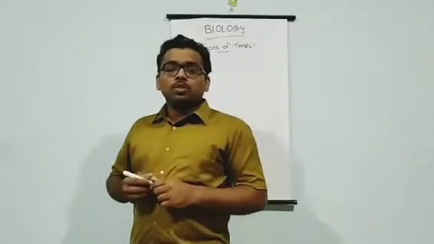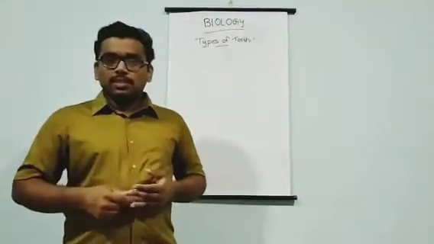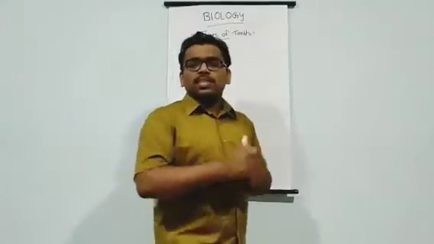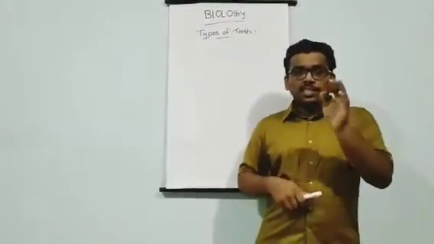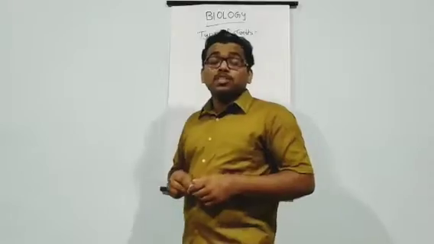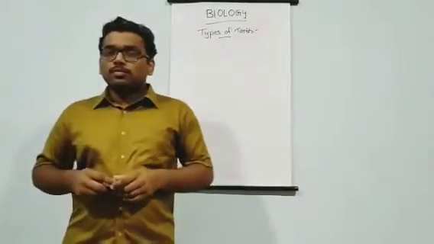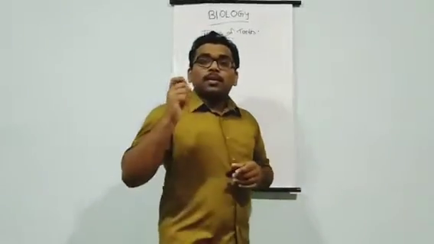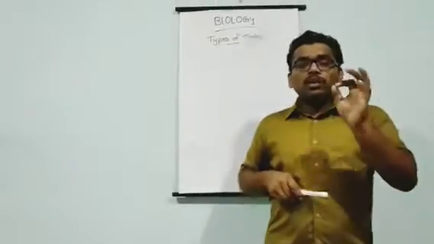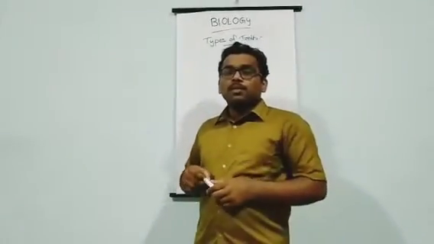I think you got an idea about incisors, isn't it? Yes. Once again, incisors are the teeth variety that help us to bite and cut the food. Incisors are the front teeth in mammals.